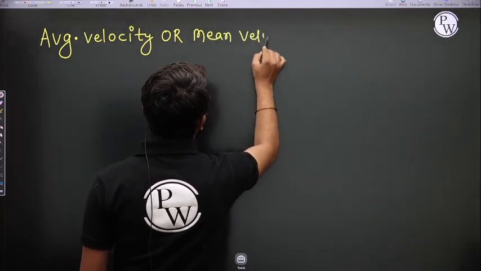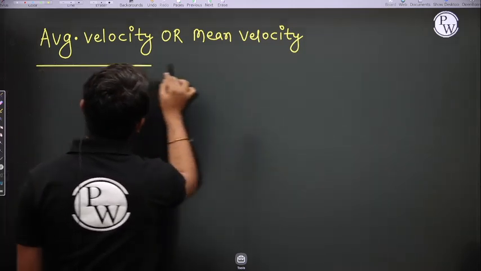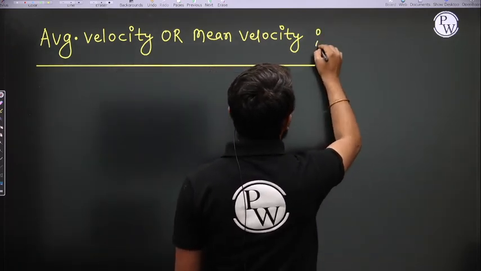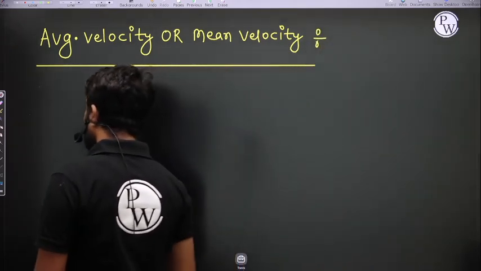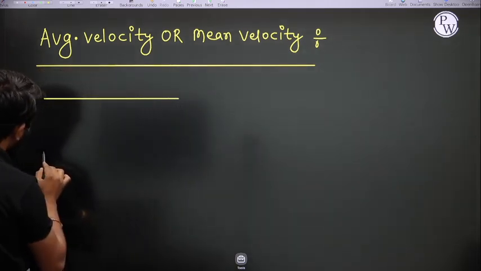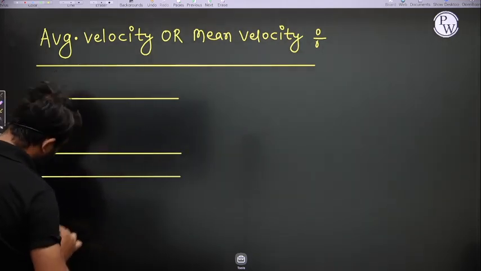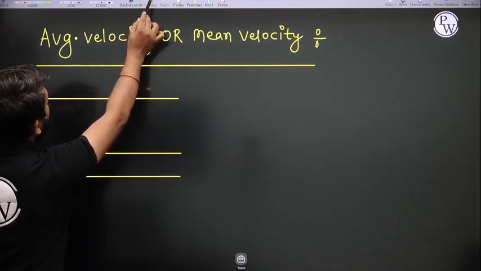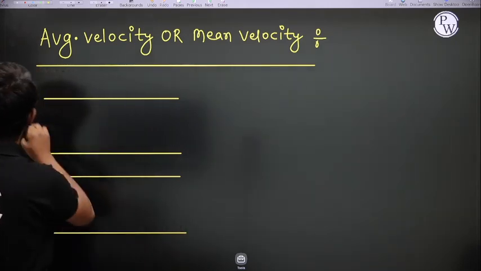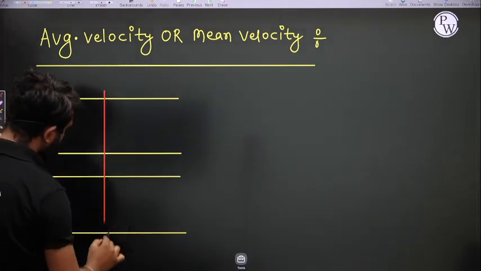So to understand the average velocity or mean velocity, I am considering two identical pipes. So these are the two identical pipes, and consider this section.